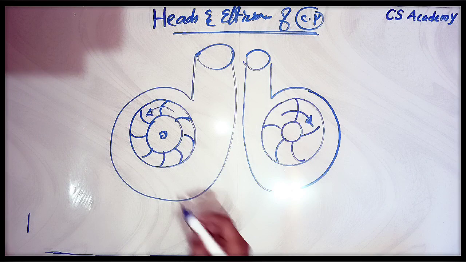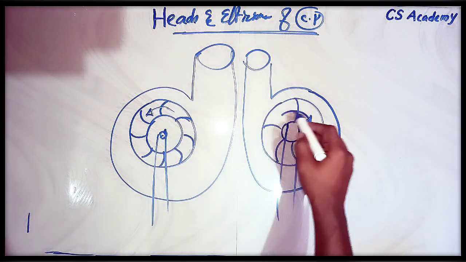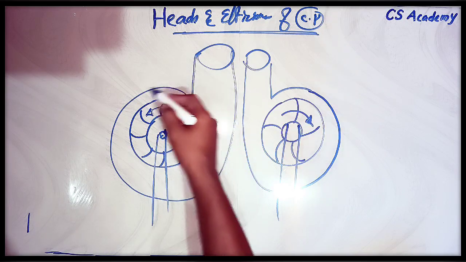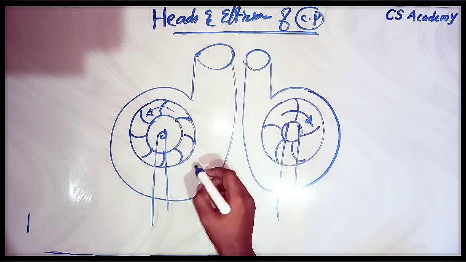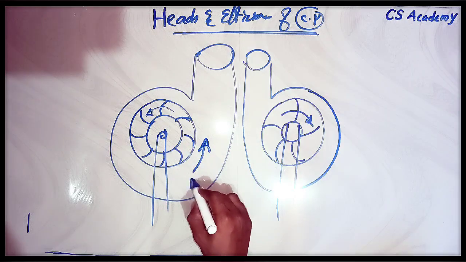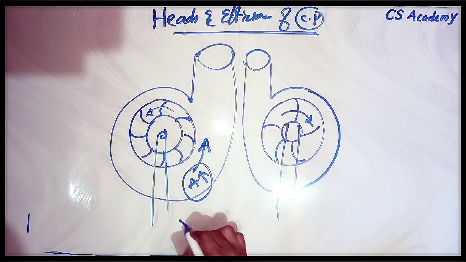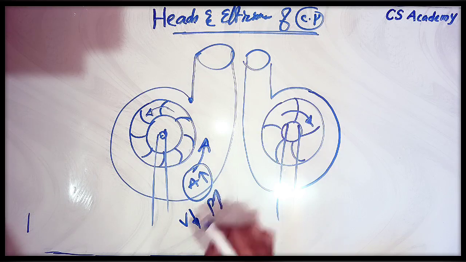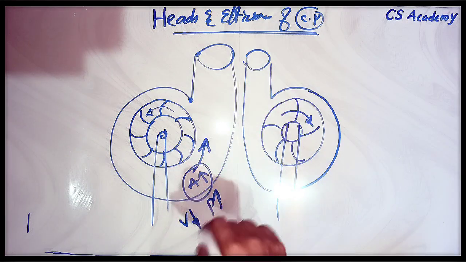Here this is the inlet for this section. Based upon the vanes arrangement, the cross section will be varied. As I told in my first session, the area is increasing from this point to this point. It will impact the velocity to be decreased and the pressure to be increased. This is the main intention of the centrifugal pump, to increase the head or pressure.